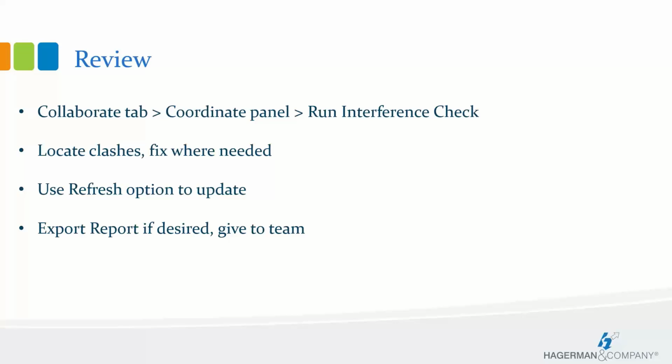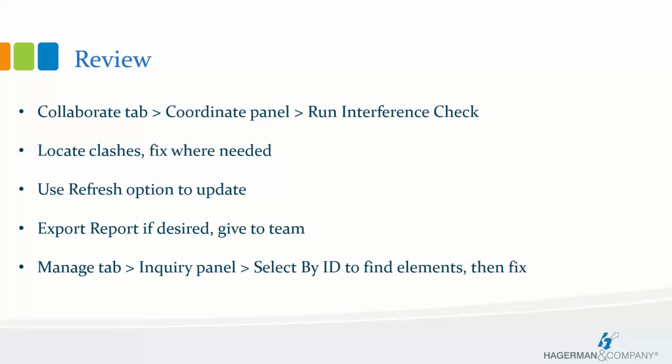The ID is in there, but I think having that report separately helps, because then you have it in list format versus having to go find that ID. It's a little easier to see. And then we use the Select by ID command, which is on the Manage tab, so we could find those elements by their ID.